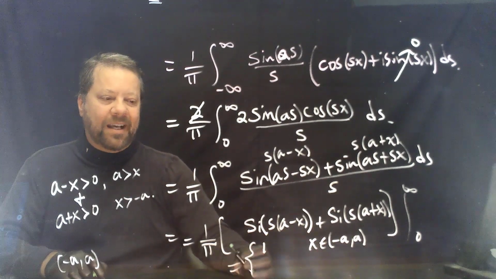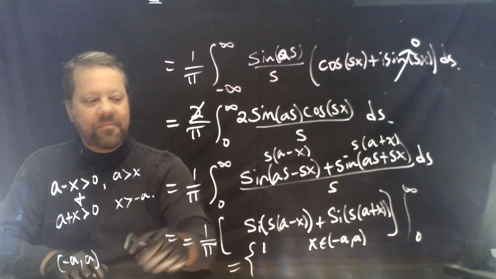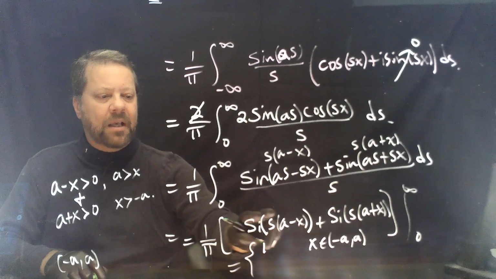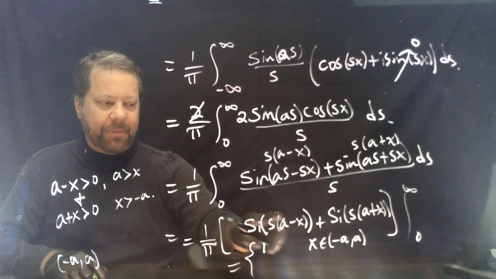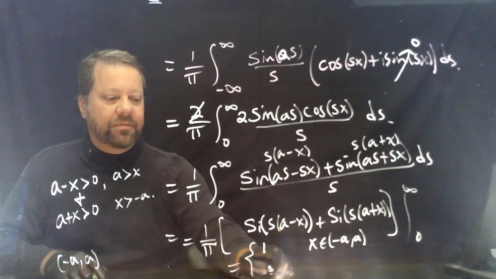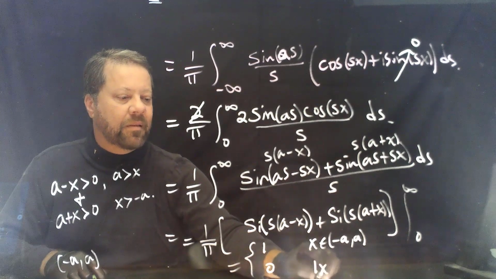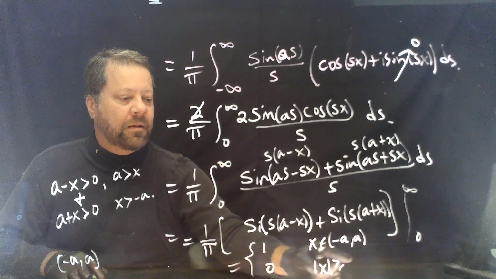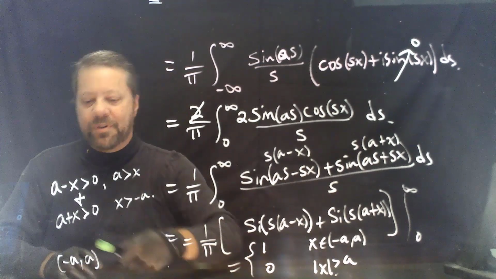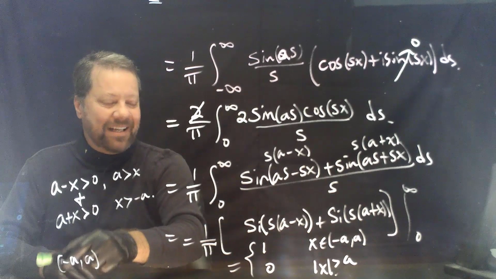What happens when x is bigger than a? If x is bigger than a, you get a negative here, and so you'll have negative pi over 2. You'll get a positive pi over 2 here, so we get 0. And so what happens when x is less than negative a?